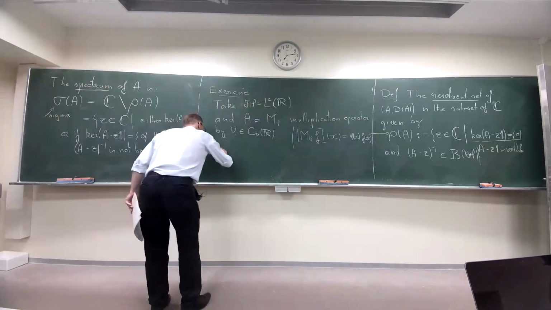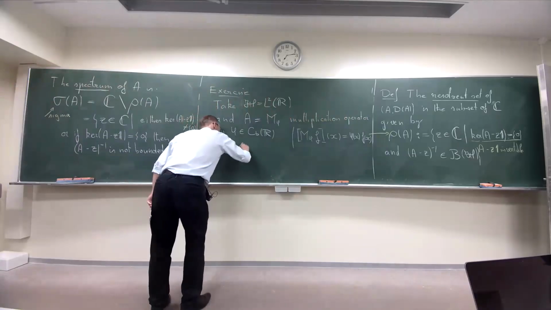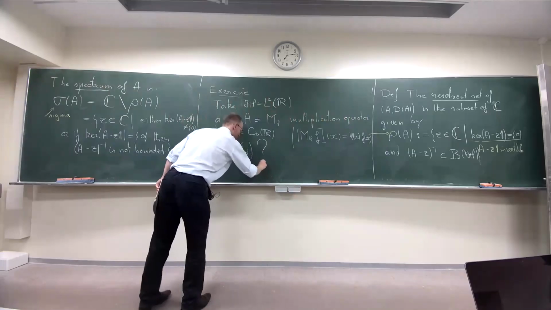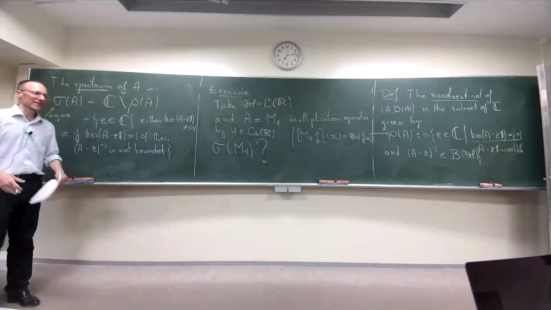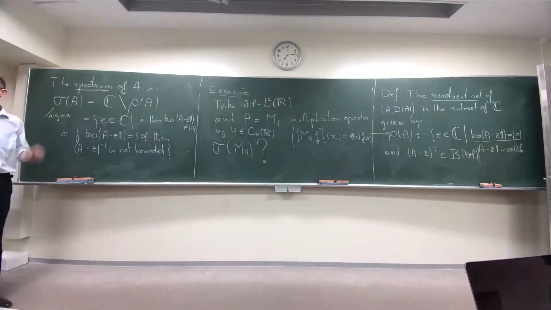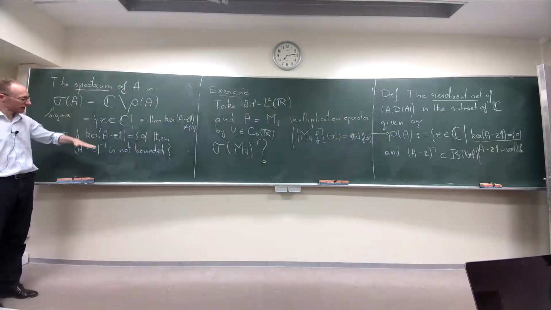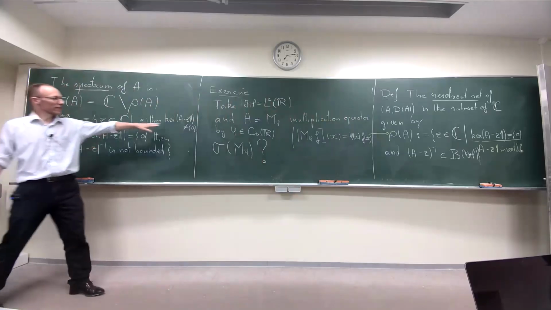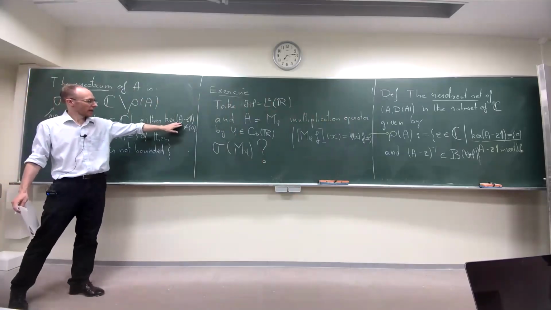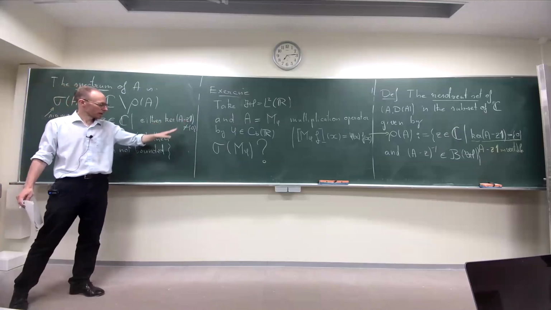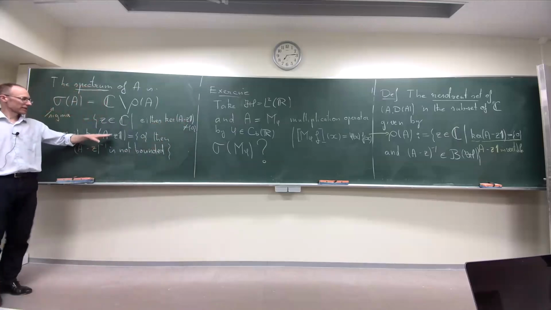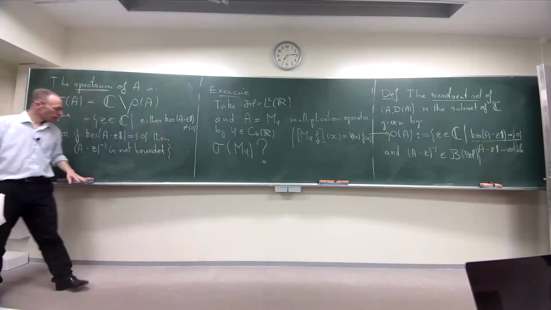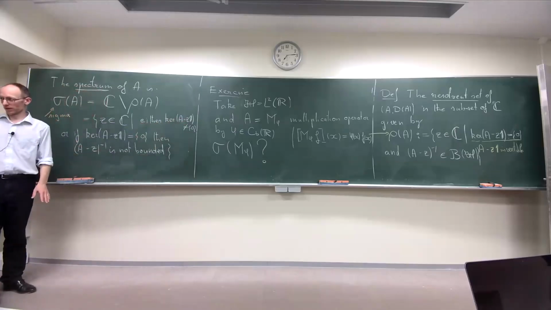Question for you, what is the spectrum of M phi? Can you guess? It's very difficult to think about everything at the same time. We replace in this definition A by multiplication. And you want to have either that the kernel is not zero or that the inverse is not bounded.